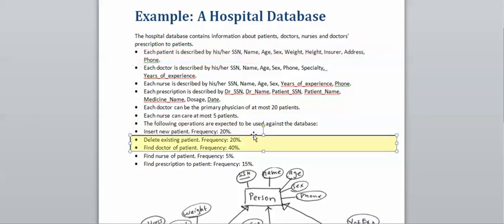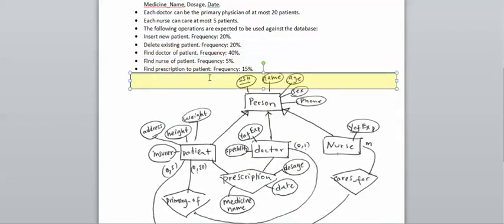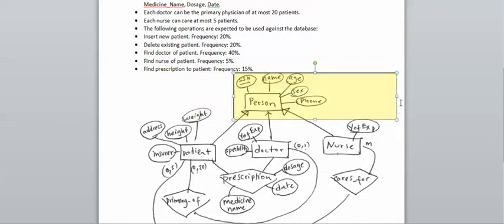For example, we go over here and say this has something in common. These are people, and they have social security, name, age, so we can call that person. This is the one that we have here.